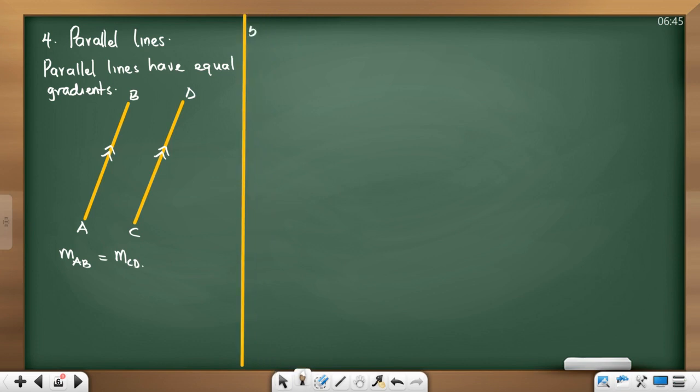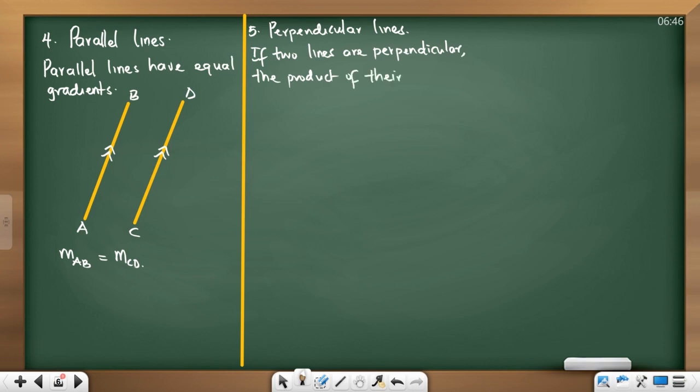Number 5. Perpendicular lines. All right. If two lines are perpendicular, the product of their gradients will be equal to -1.